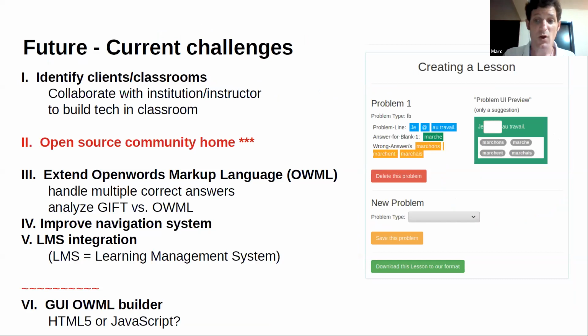So let's get back to Openwords. So future and current challenges. We need to identify clients, or more specifically classrooms. We need to collaborate with an institution or instructor to build the technology in the classroom. We know that classrooms are interested.